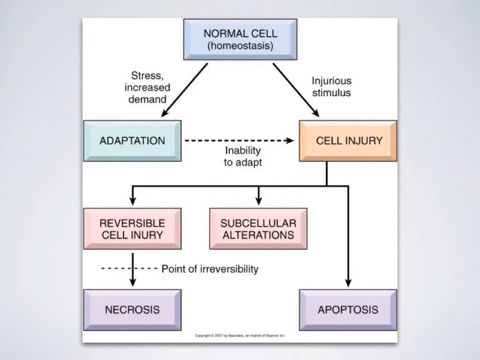So what happens to these injured cells? Well, they're going to have some subcellular alterations related to that injury. And if I were doing this, I would draw a little arrow here, because sometimes those alterations are actually adaptations, and the cell can continue to function in those adaptations, like the fatty liver that we just saw.